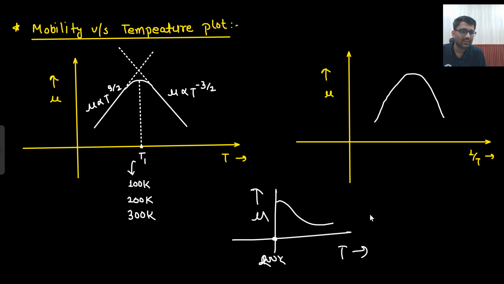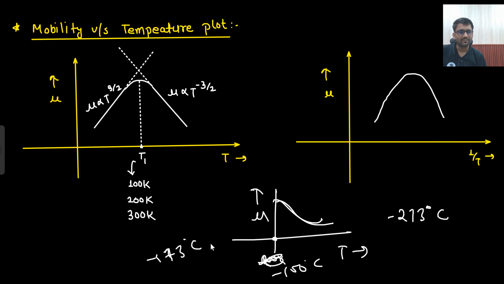0 Kelvin means minus 273 degrees Celsius. So they might not be starting from minus 273 degrees Celsius. They might be starting from minus 100 degrees Celsius. So after that, it will always decrease. Because this T can be 100 Kelvin as well. What is the meaning of 100 Kelvin? 100 Kelvin means minus 173 degrees Celsius. Right?